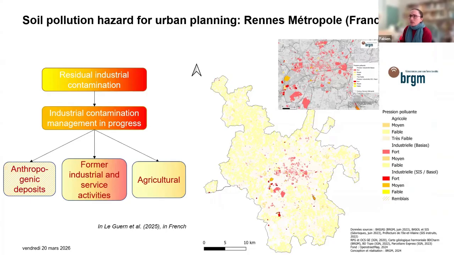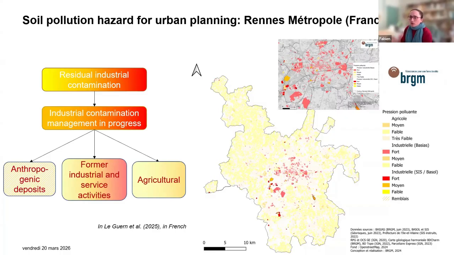So we still consider residual industrial contamination as top information, considering also industrial contamination management in progress, and again, former industrial and service activities, just that we differentiate the color with deeper colors for current known contamination and lighter colors for potential contamination.